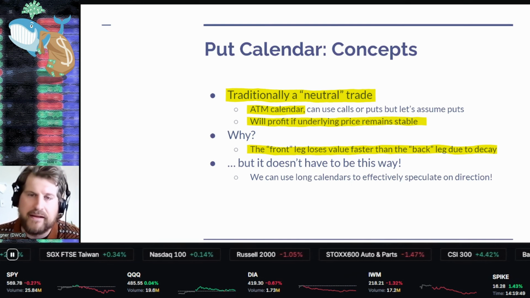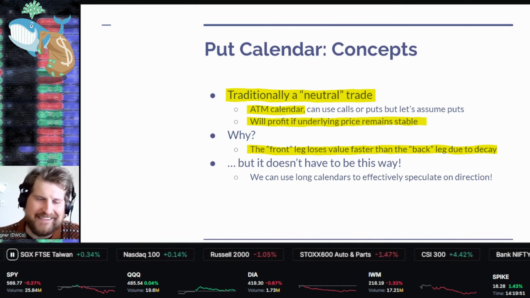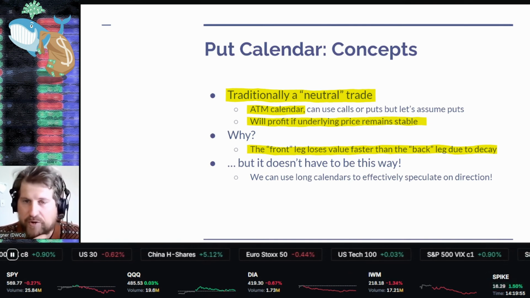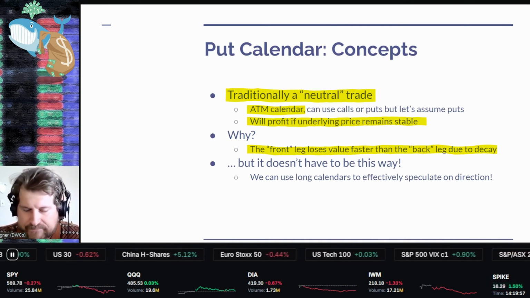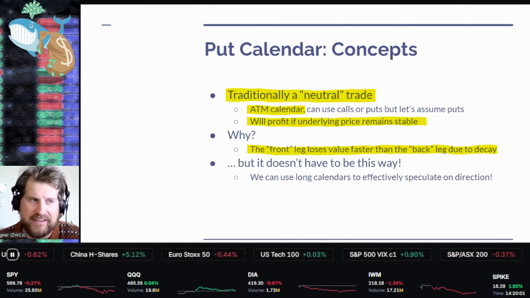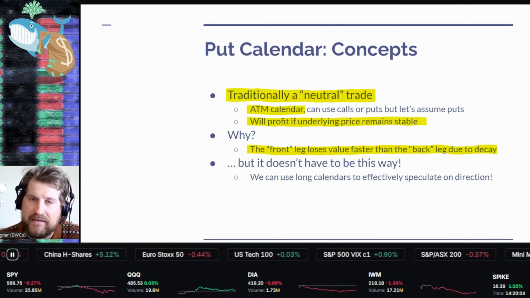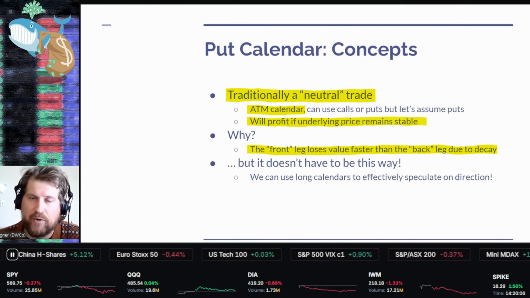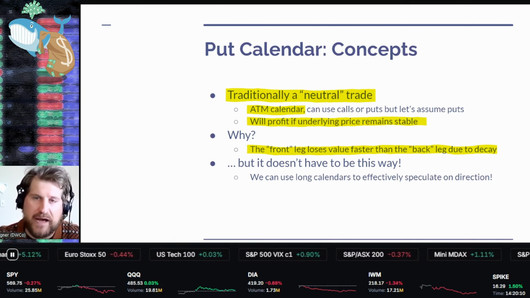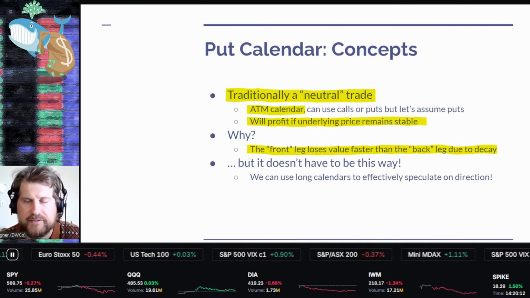Now, the way that we're going to talk about calendar spreads is as a more directional trade, so it's important to realize that we are not going to be executing these at the money. We're going to be executing these out of the money, below spot price in these put calendar examples.